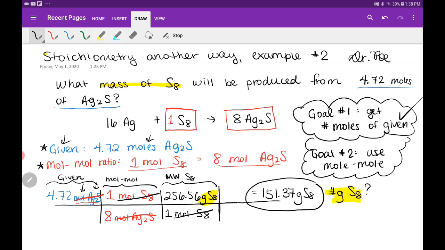Because if the given is in moles, you can go straight to the mole-mole ratio. So this is just a further example that you don't always have to use the molecular weight, but you are always going to use the value of the given, which you write first. And then your first goal is to get number of moles of that given. And then your second goal is to use the mole-mole ratio.